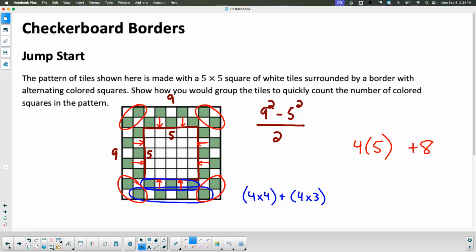N plus 2 is n plus 4, right? Okay? And that worked on this way too. So this one right here could have been n plus 4 squared.